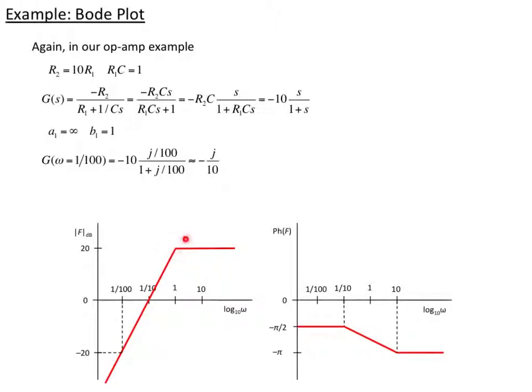So I've added in from the pole here this kink. Also, I started at minus pi over 2 from the pole, and then from 1/10 to 10 I add in this minus pi over 2 change, added on top of the minus pi over 2 I started, so I go to a phase of minus pi.